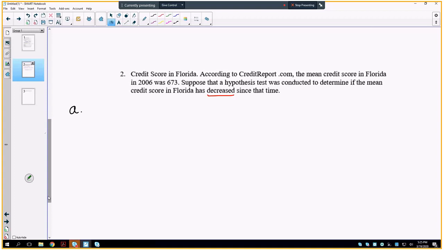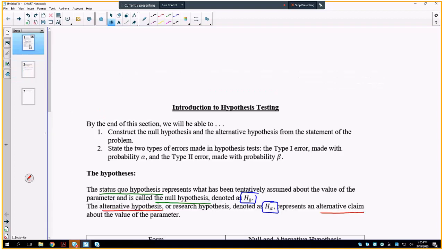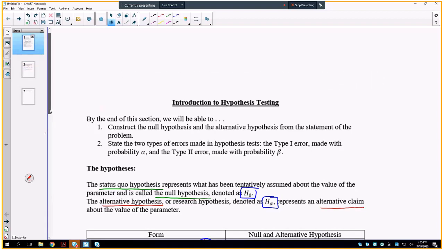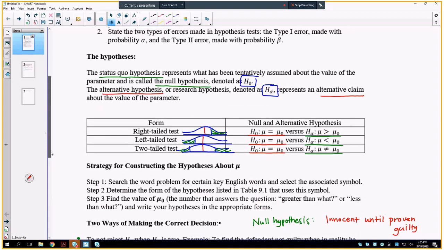And the mean given in the problem was 673. Mean credit score? Mean credit score is 673. So my null hypothesis here, and we remember that the null hypothesis was always just that it's equal to something, right?